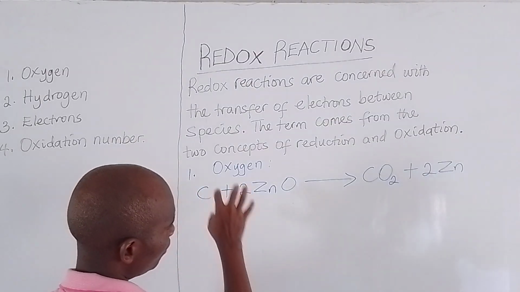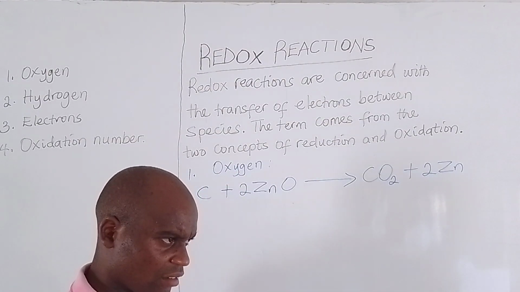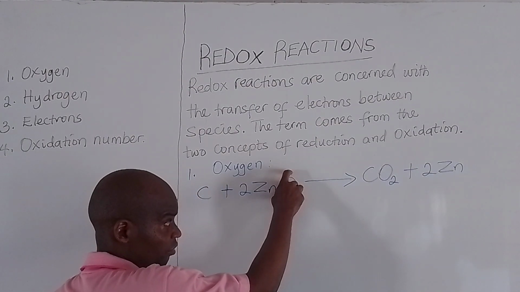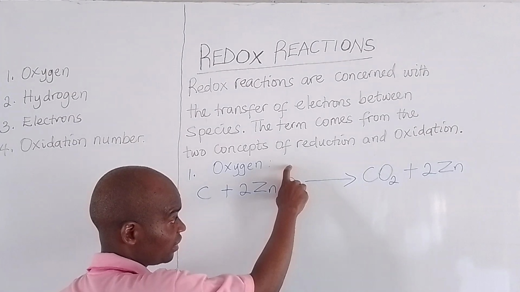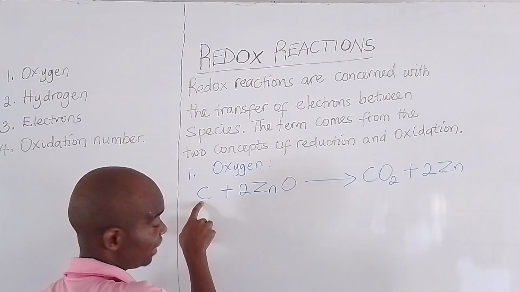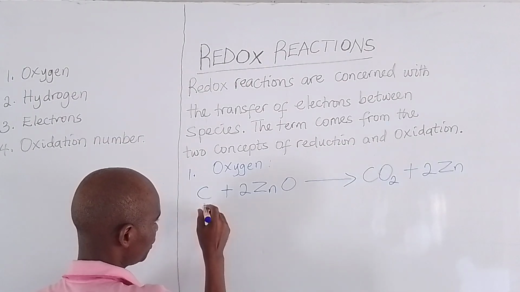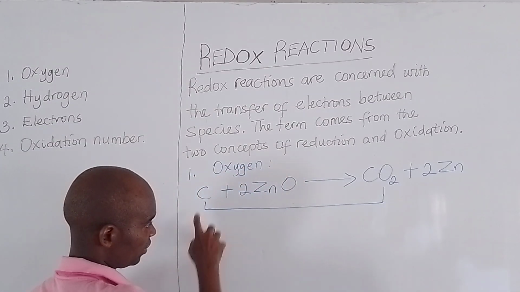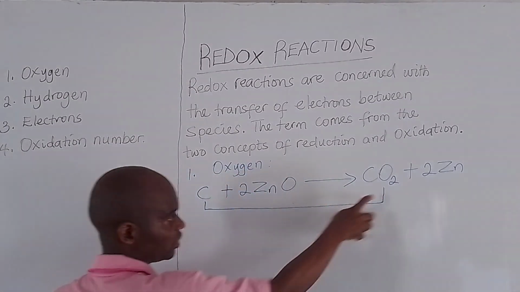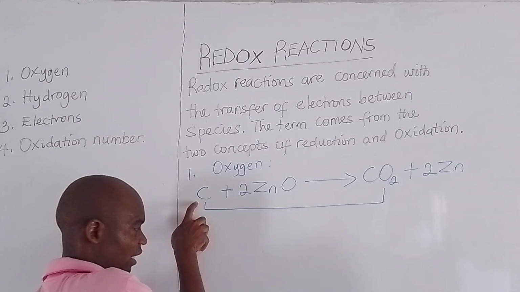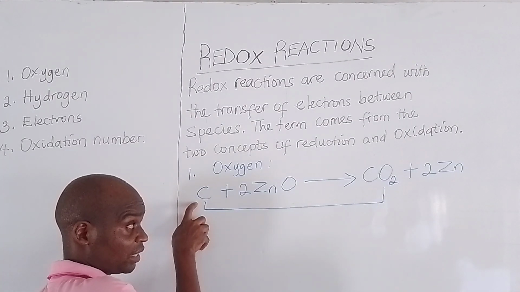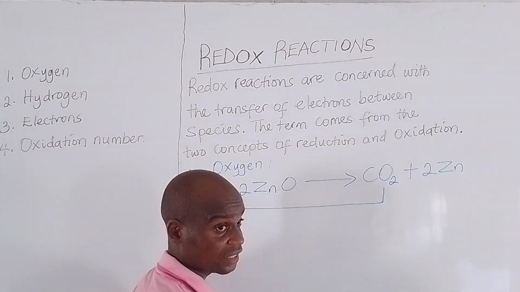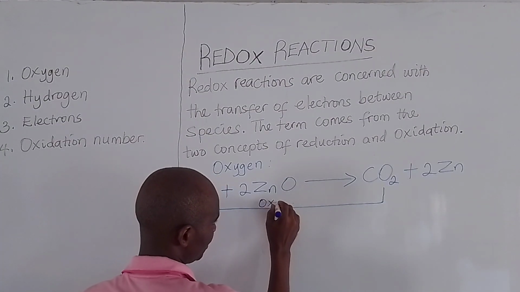We said that oxidation is the addition of oxygen to a substance. So oxygen from zinc oxide is being removed and added to carbon to give us carbon 4 oxide. So this reaction, from carbon as a single element to carbon 4 oxide, where oxygen is being added on the right hand side, represents oxidation.